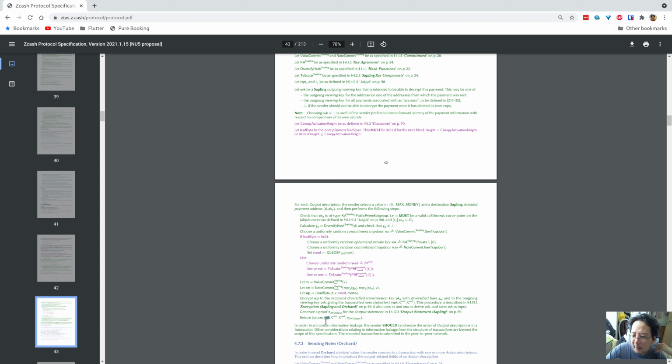So that nullifier is going to be derived from the note, the note plaintext actually, and that nullifier, because it's derived from the note, has to be unique. He's not going to derive a second nullifier, right?